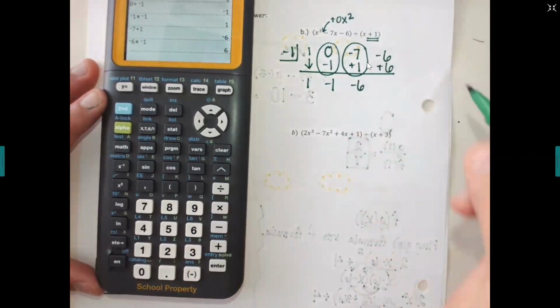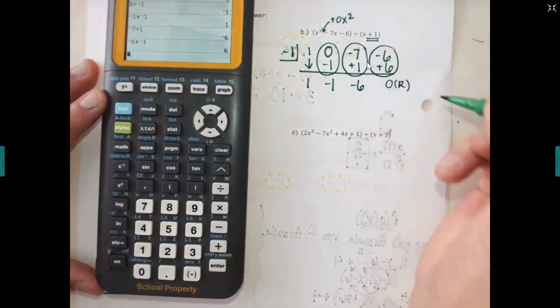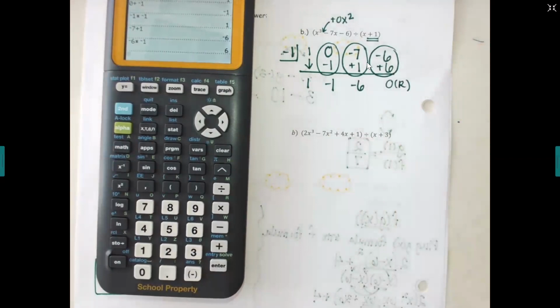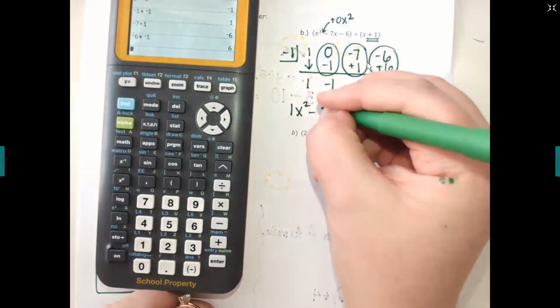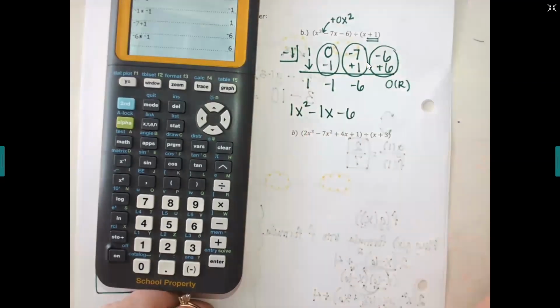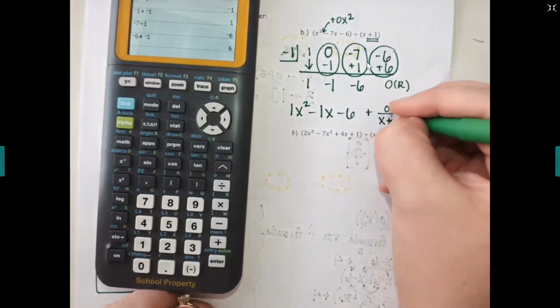Which means that my last remainder number is going to be how many? 0, very good. If your answer started as an x cubed, then your new answer will start as an x squared, because you divided one of the x's out. So it's going to be 1x squared minus 1x minus 6 plus a remainder of 0 over what you divided by.